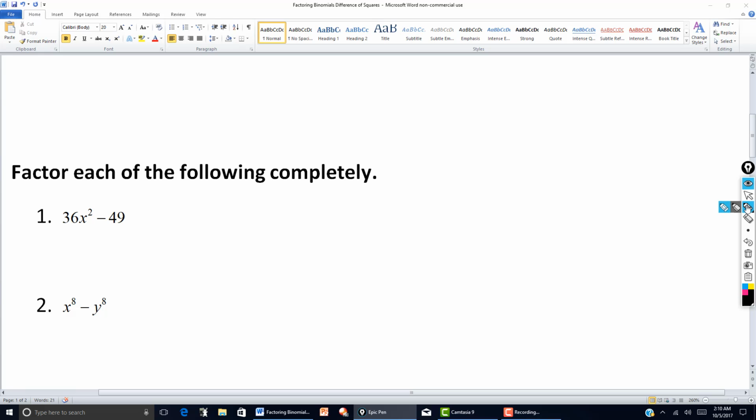Next one is x to the 8th minus y to the 8th. No common factor there either. I do have a difference of squares, because x to the 8th can be written as x to the 4th squared. 2 times 4 is 8.